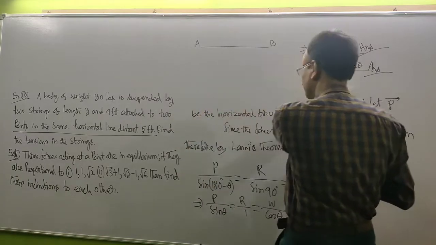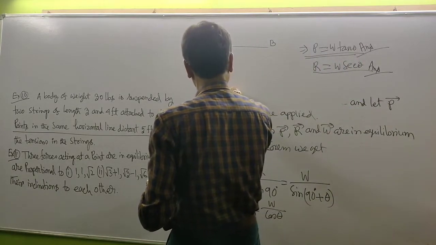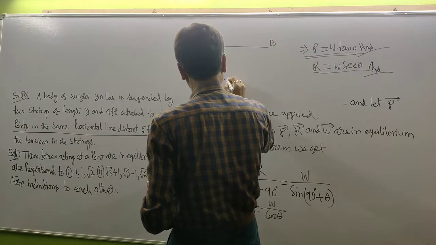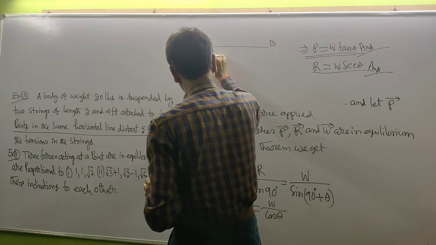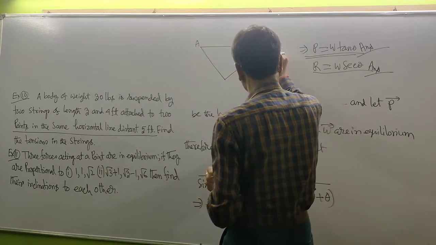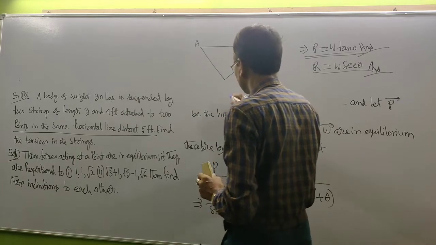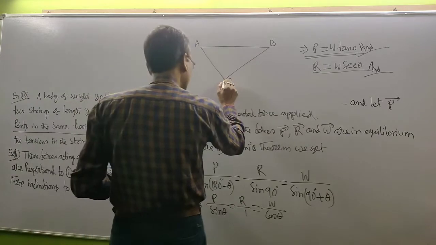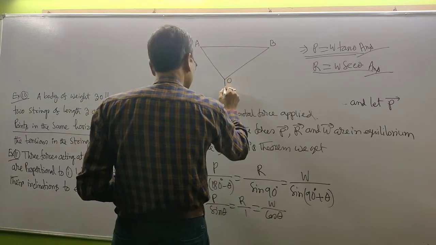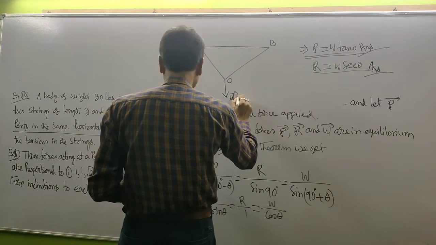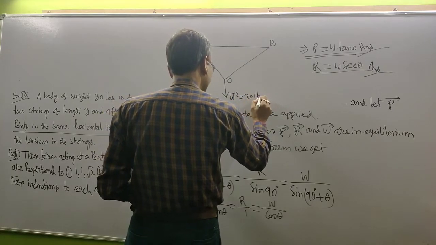Attached, suppose this is O. The body of weight W equal to 30 lbs.